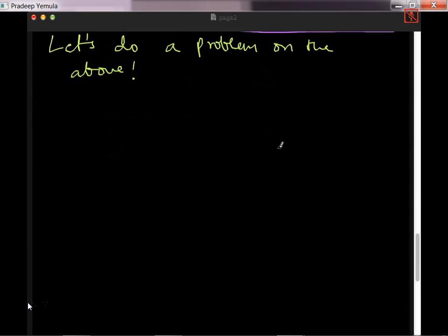The problem is like this. Again, I'm using Hadi Saadat's book to illustrate this problem.